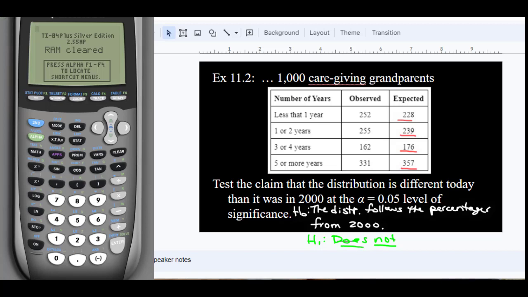So what we're going to do is turn on our calculators, go to stat, go to edit, and for L1 we will put in the observed values.